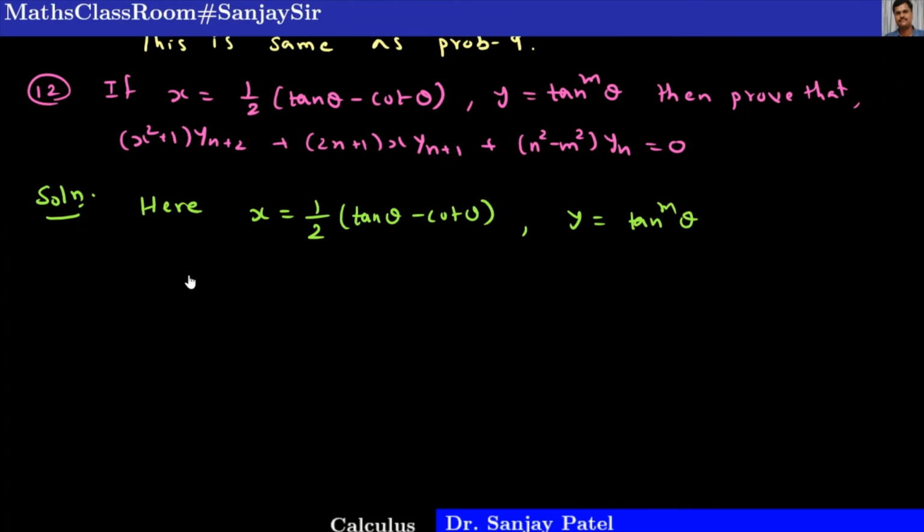So what we can do is first of all, let us write this as y raised to 1 upon m is equal to tan theta, and let us call it t.